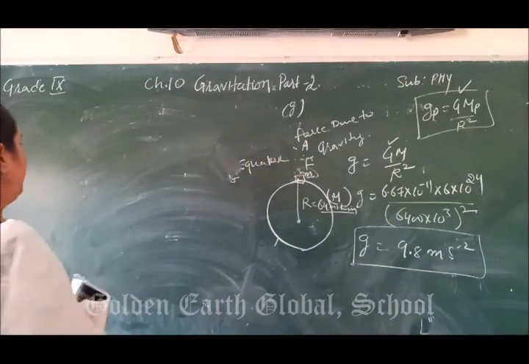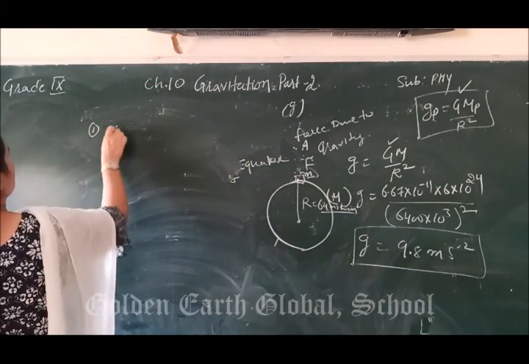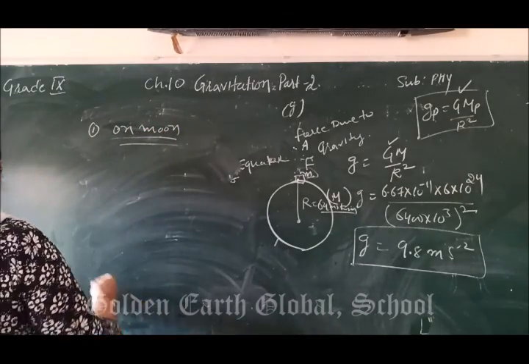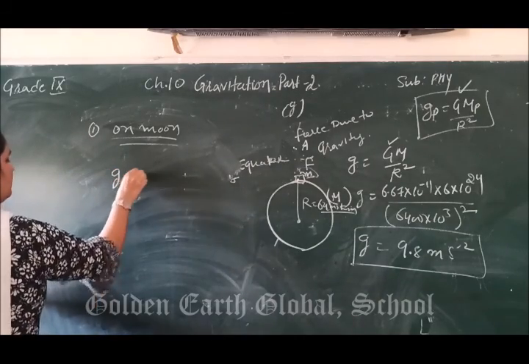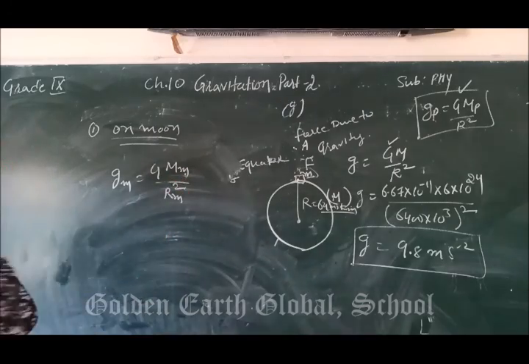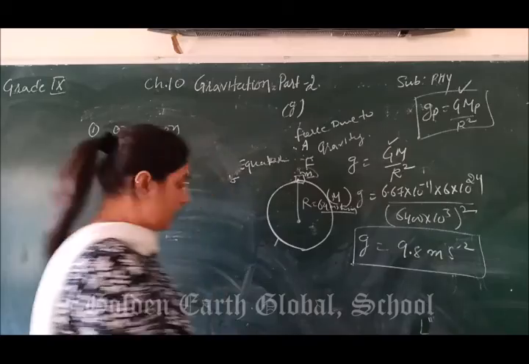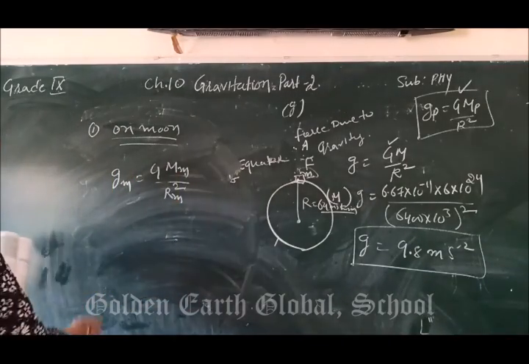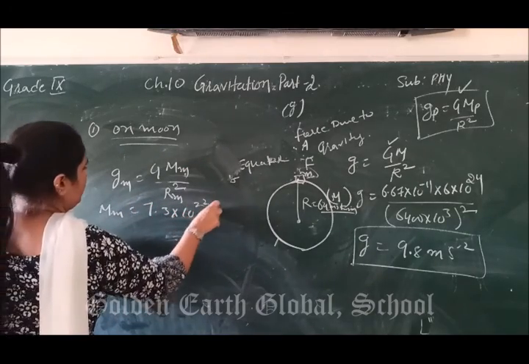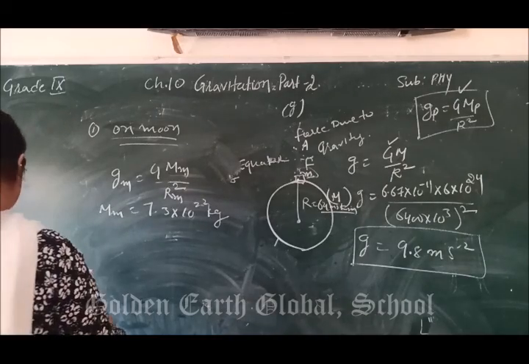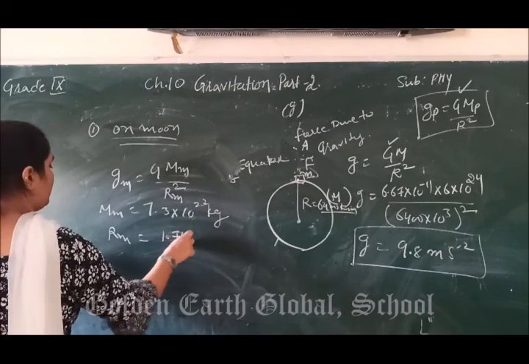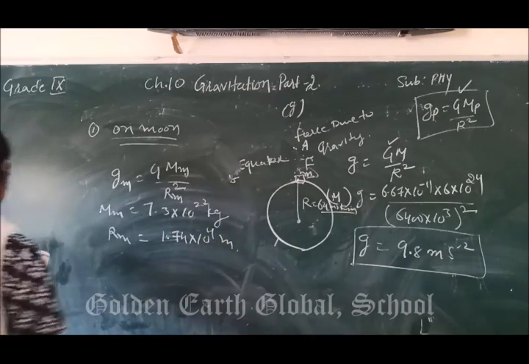Firstly, in case of the moon, if we put the values here, the mass of the moon is 7.3 into 10 power 22 kg, and the radius of the moon is 1.74 into 10 raised to power 6 meter.